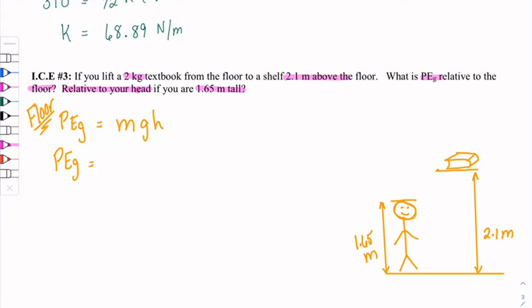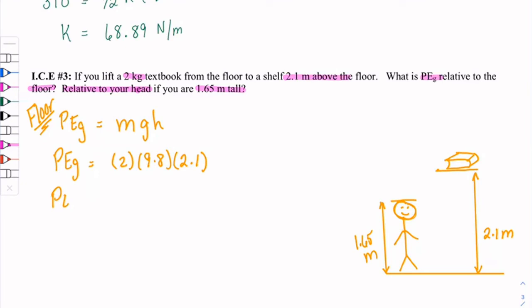So 2 is your mass times 9.8, that's G, times the height. So since it's relative to the floor, we're going to use 2.1 as the height. Go ahead and calculate that. Pause and solve.